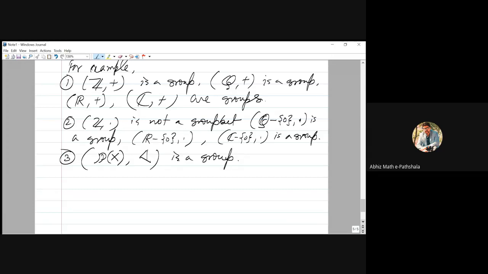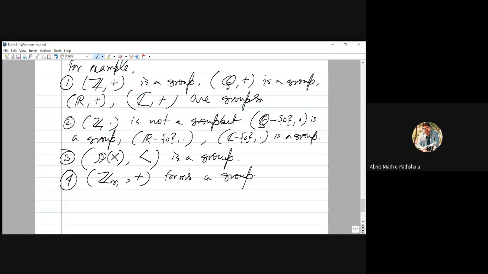Okay. Number 4, Zn plus forms a group. Why? We have already seen that Zn plus forms a monoid.